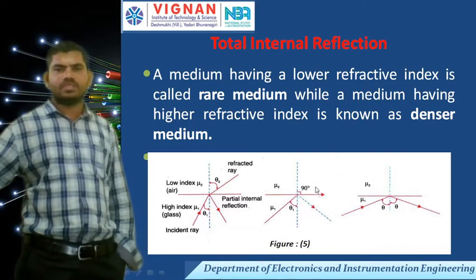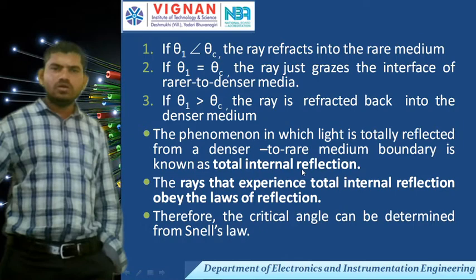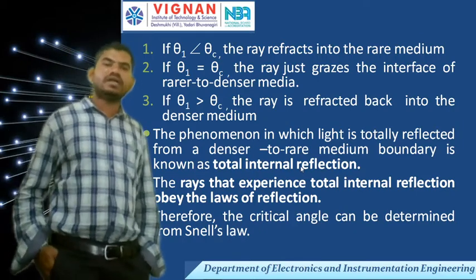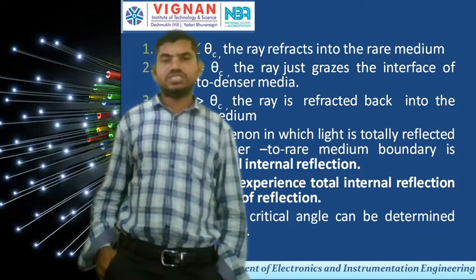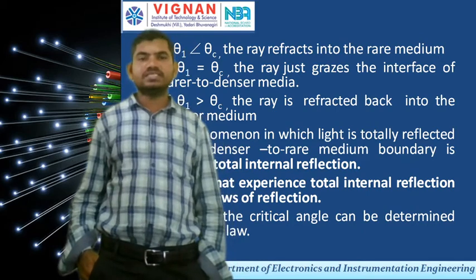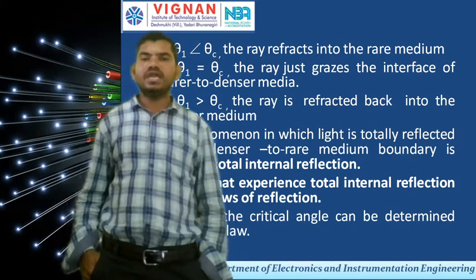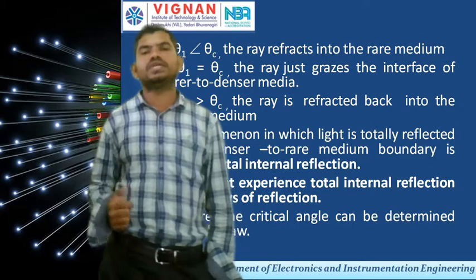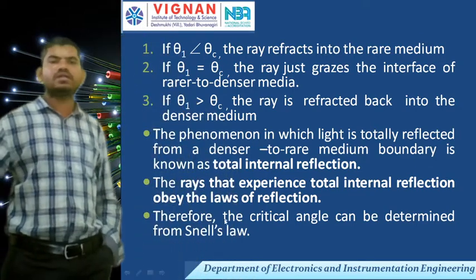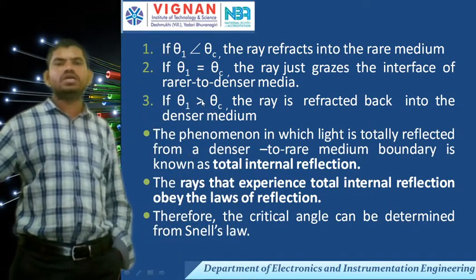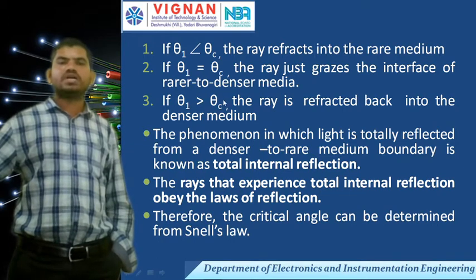Okay now, next the third one. If theta 1, the incident angle, is greater than theta c, the ray is reflected back into the denser medium. According to this condition only our optical fiber is working. Okay?